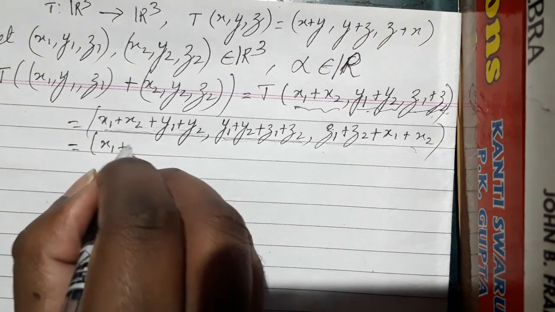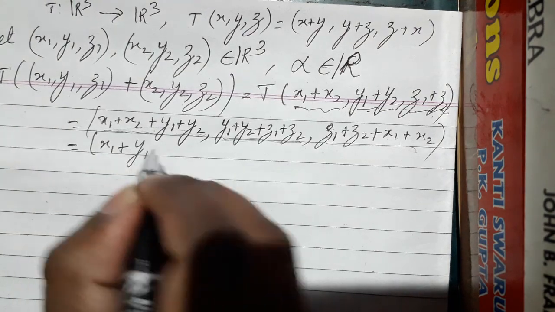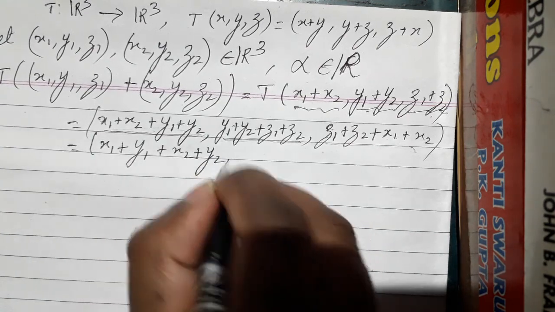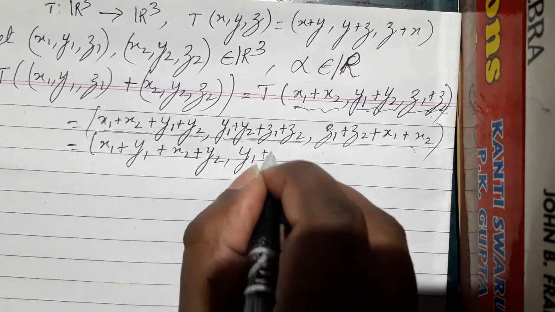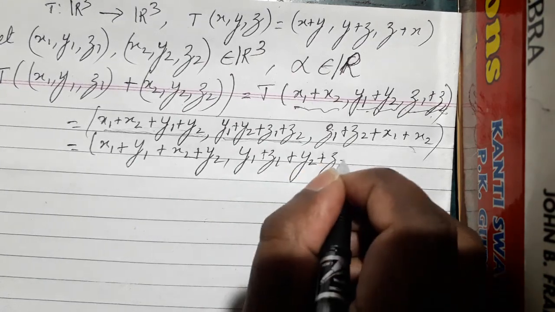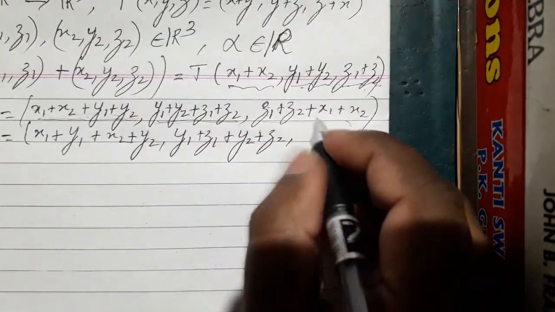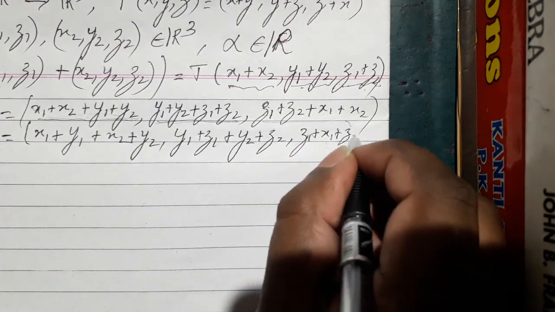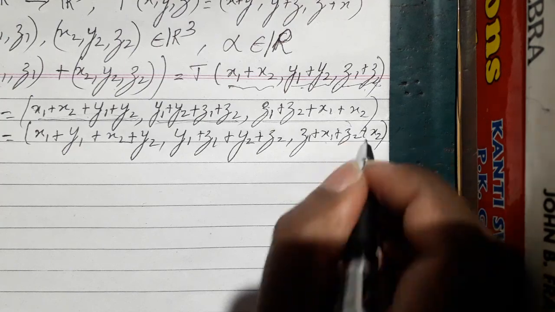We have (x1 plus y1 plus x2 plus y2, y1 plus z1 plus y2 plus z2, z1 plus x1 plus z2 plus x2).